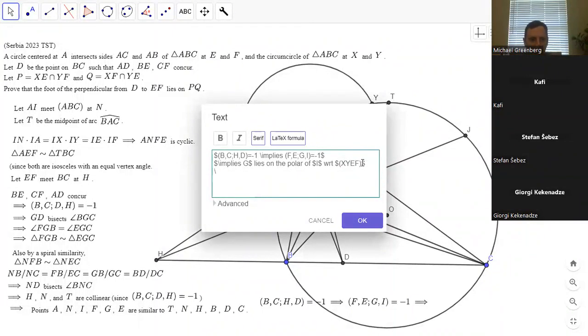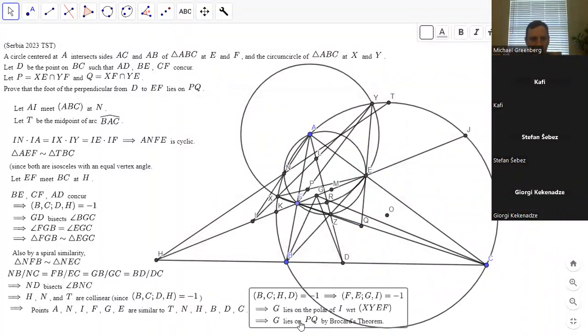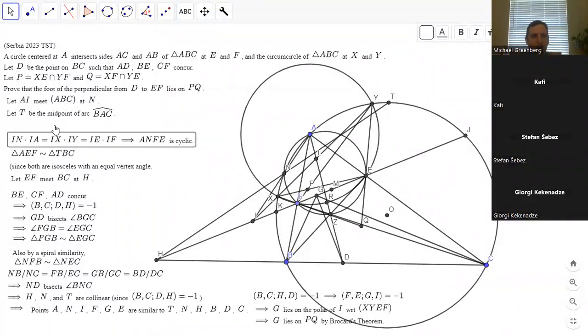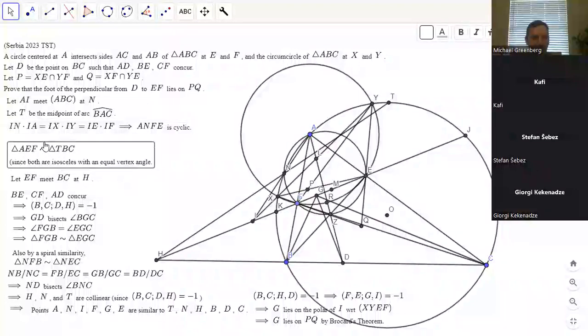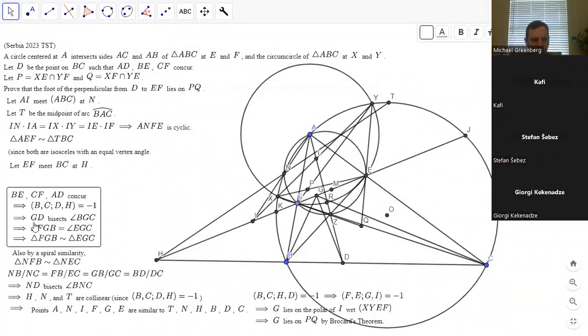And that means that G lies on PQ by Pascal's theorem. I feel like there has to be an easier way to just present this proof, but my brain can't think of it right now. So let me put that last statement at the bottom.